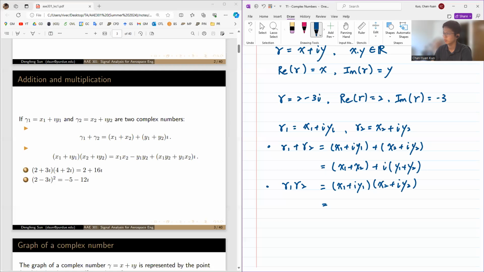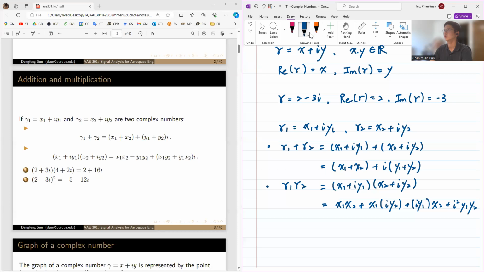So now we expand the product. We will get x1 x2 plus x1 i y2 plus i y1 x2 plus i squared y1 y2.